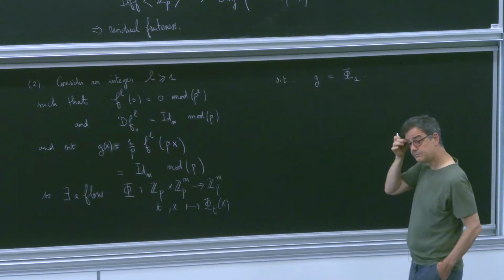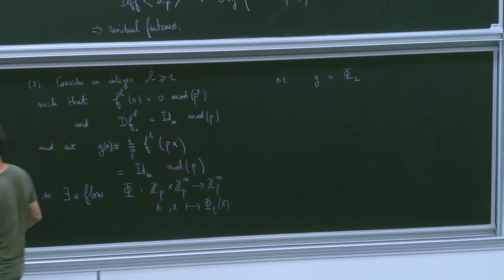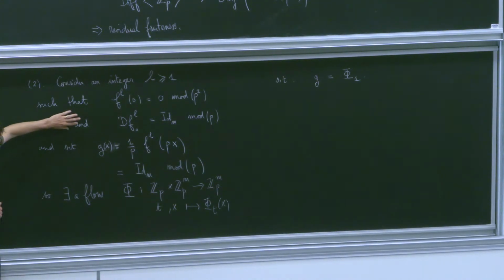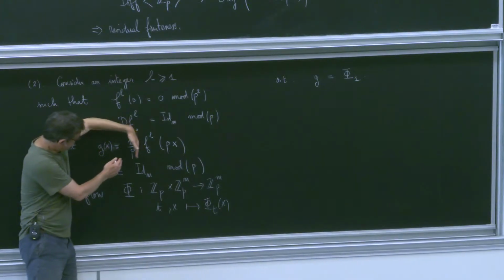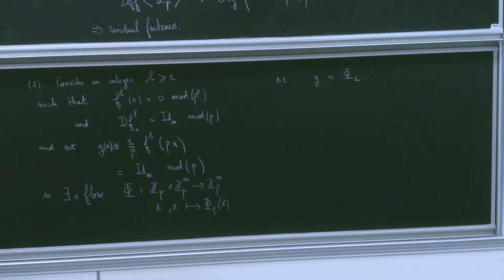So these are the preliminaries. I'm using two little tricks: make a translation, then iterate and zoom by multiplication by p to do that.